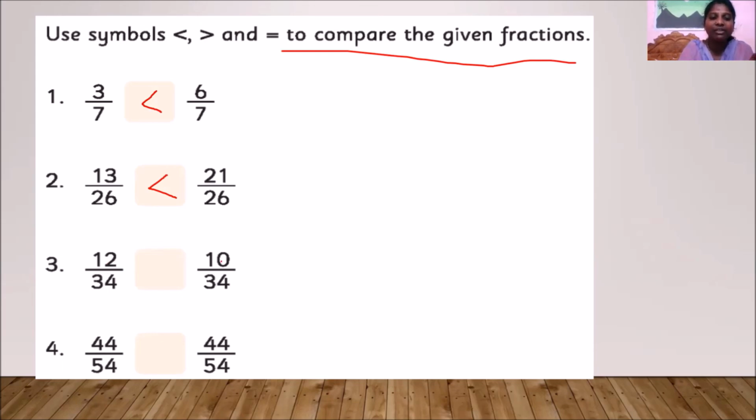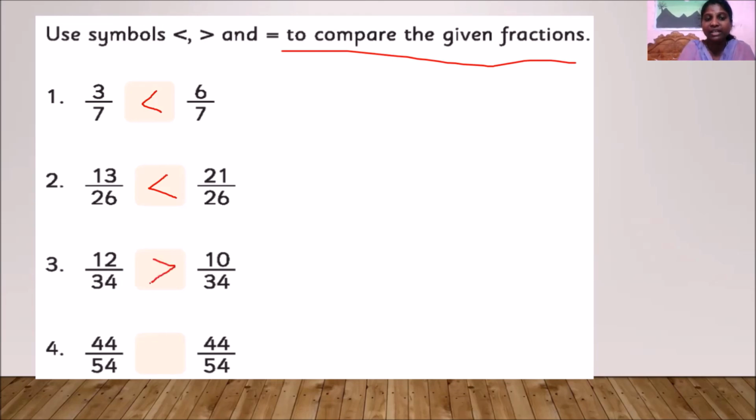Third problem, on the left hand side I have 12 by 34. The right hand side I have 10 by 34. Both have the same denominator. They are like fractions. Next step, what do we have to do, children? We have to compare the numerators. The numerators are 12 and 10. 12 is greater than 10.